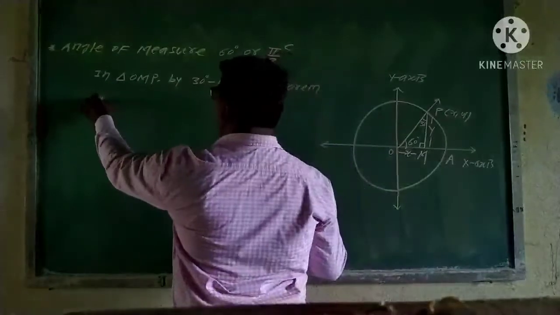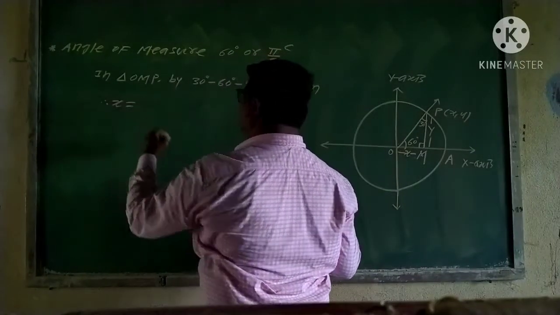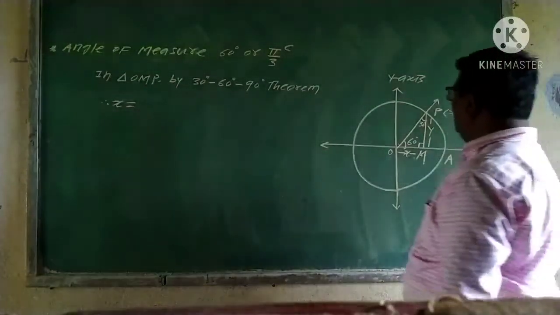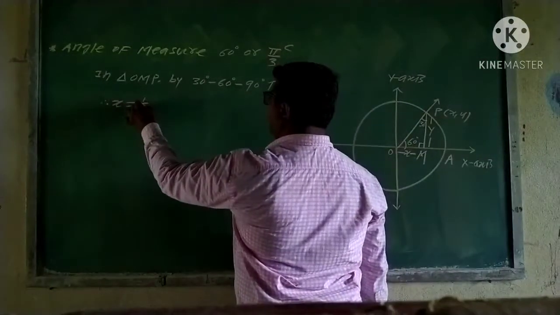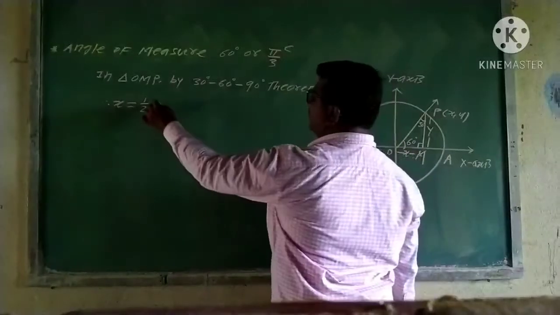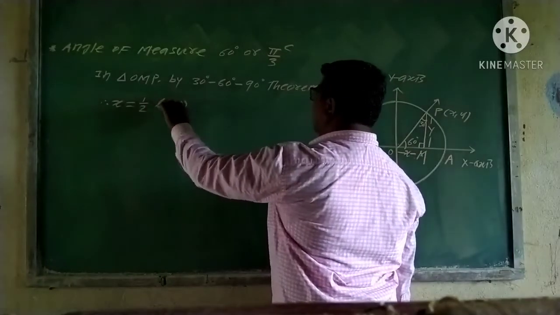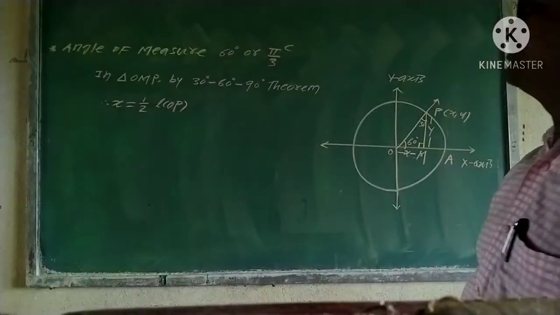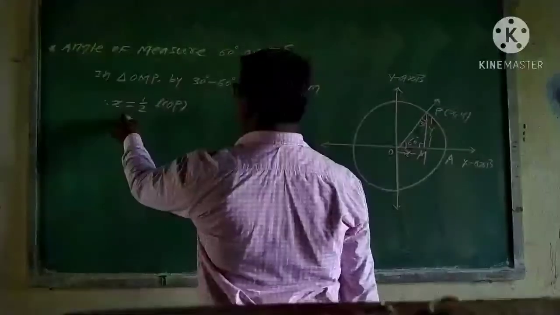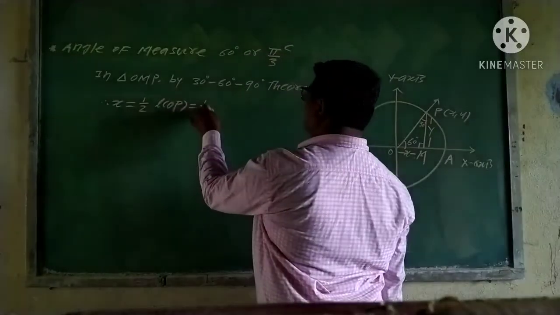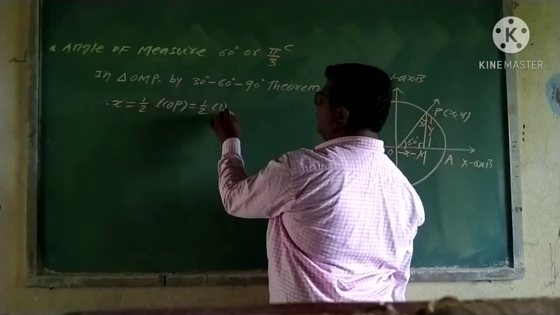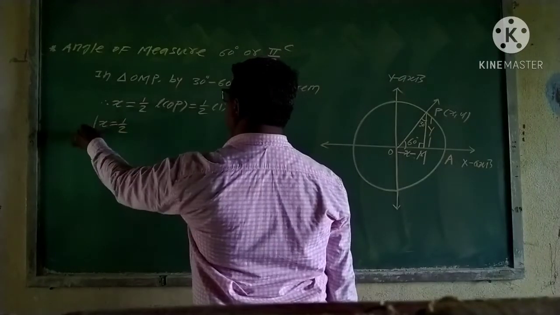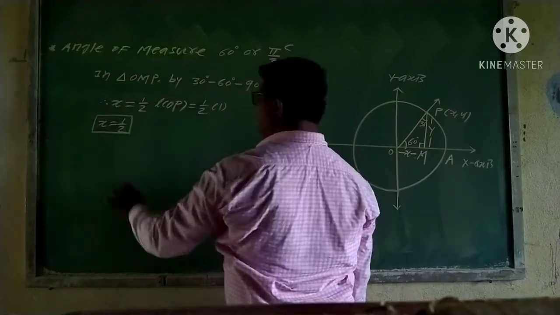Now we can write x equals the side opposite to the angle of measure 30 degree, equal to half the hypotenuse, that is length OP, where OP is the radius of the unit circle, equal to 1, so half multiplied by 1, so x equals half.